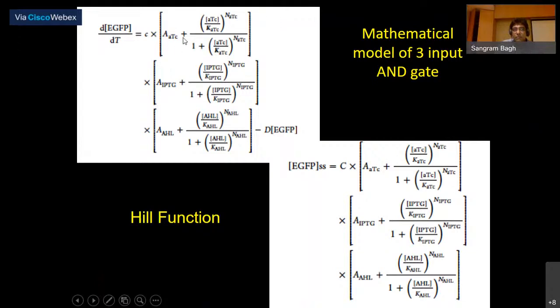And now there is another constant I put here, and this is basically a basal level expression. What it means is that when you have your engineered promoter and EJP ready, when you do not have any chemical, you should not get any EJP, right? But in reality, there is always a leakage, meaning some EJP is produced.